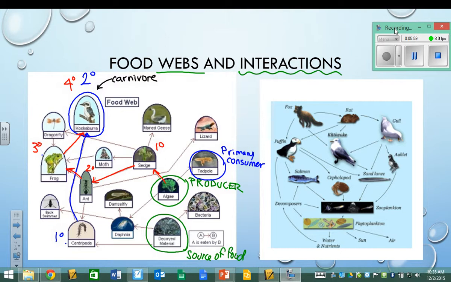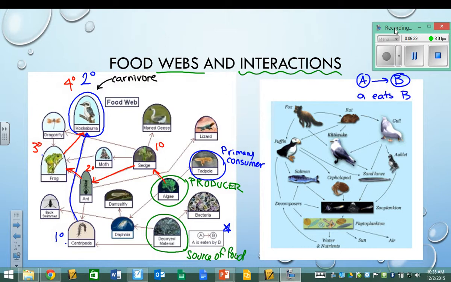The other thing I want you to notice, just as a bit of a technicality, is that not all food chains or food webs are drawn the same way. In this particular one, if you follow the arrow, that's who is eating it. In this food web on the right, if you follow the arrows, I'll just make a little legend here, it's the other way around.